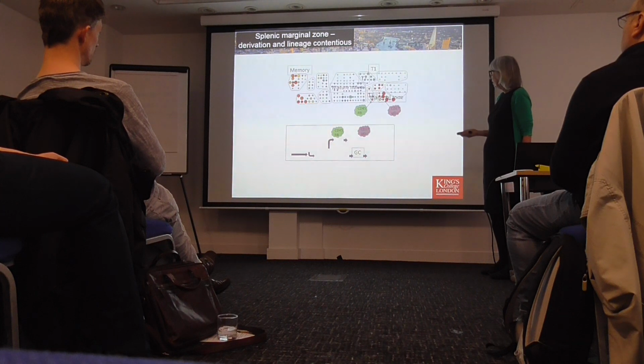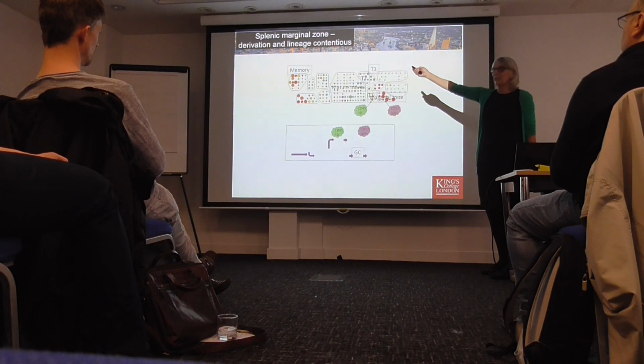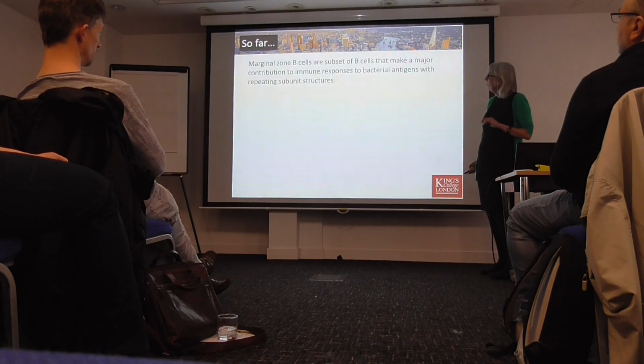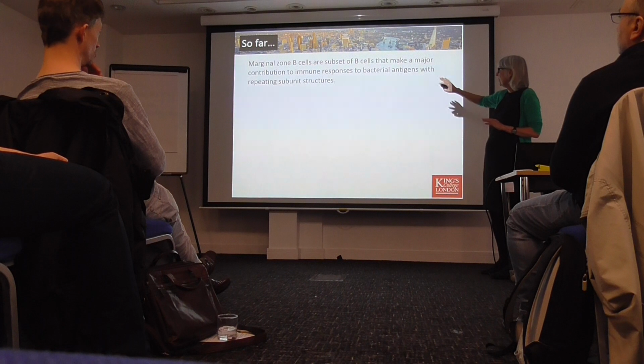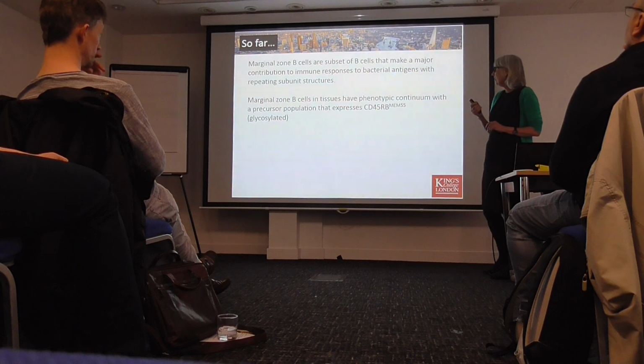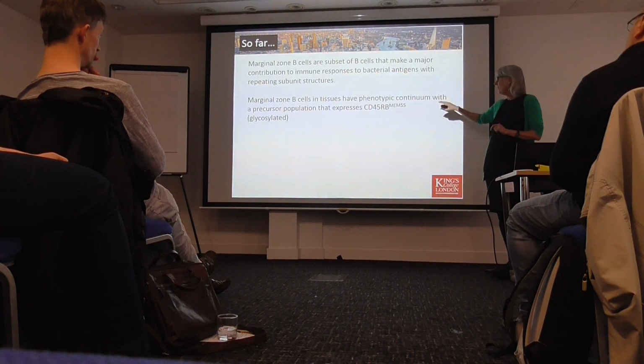Germinal centre, I haven't animated, but memory is way over there. So this is consistent with the model. So I've said that marginal zone B cells are the separate subset that have this reactivity with bacteria. Marginal zone B cells in tissues have this phenotypic continuum with a potential precursor population, which suggests that they develop through this independent pathway separate from memory.